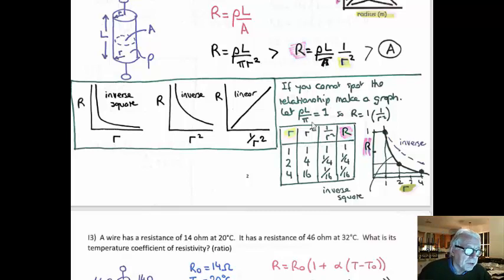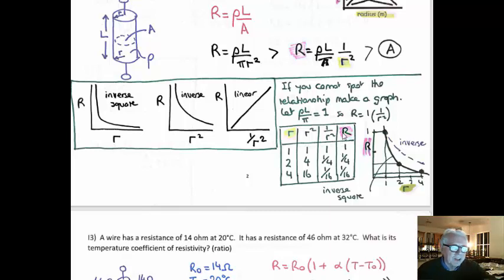And then you just make columns and you go, well, I'm changing little r, so I'm changing the radius, make a column for that. You know, it has to be squared, so make a column for that. And then, well, actually it's 1 over r squared, so make a column for that. And because this rho L over pi is 1, 1 over r squared times 1 is equal to big R.